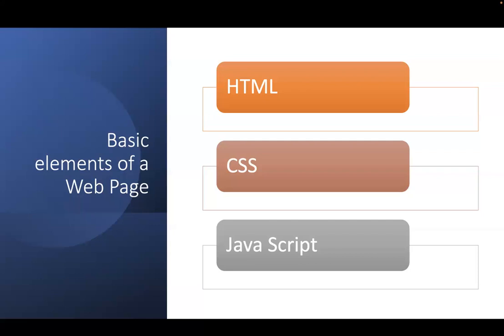There is no functionality, no dynamic interaction, right? So for that, we need something called JavaScript, which will give us the ability to add different functionalities. Basically, the page becomes dynamic in nature with the help of JavaScript. We will look at that one as well later.